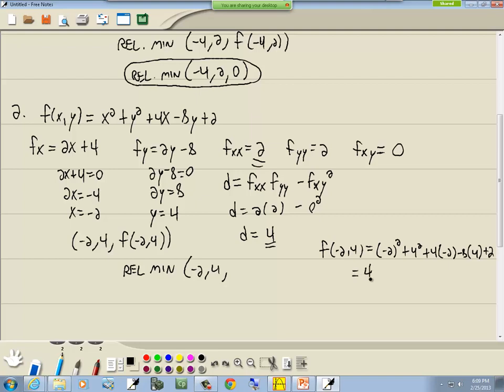So that gives us 4 plus 16 minus 8 minus 32 plus 2, which gives us 20 minus 8, which is 12. Negative 32 plus 2 is negative 30, which gives us negative 18, I believe. And that would be our relative min.